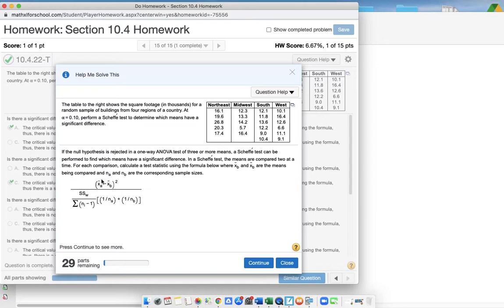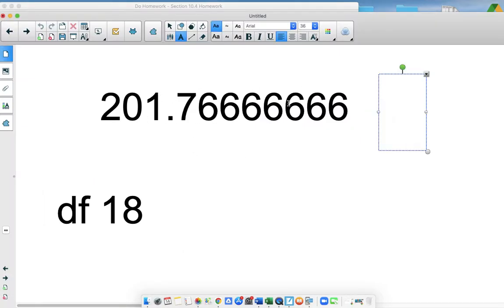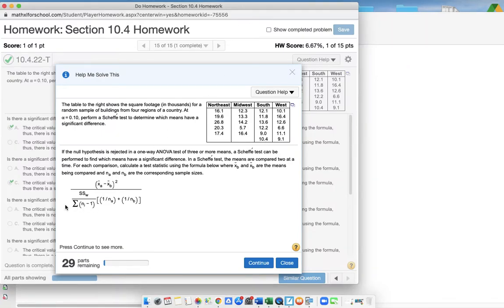All right, so this is the formula. This is the mean of the first column. This is the mean of the second column. This number here is the one that we got from our one-way ANOVA test. This number down here changes.